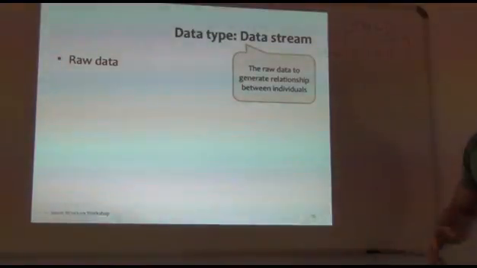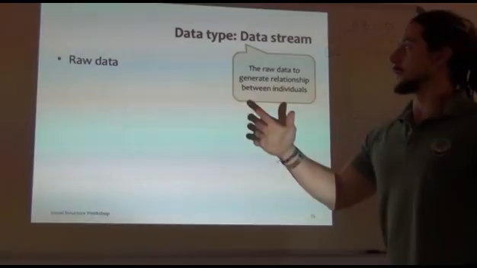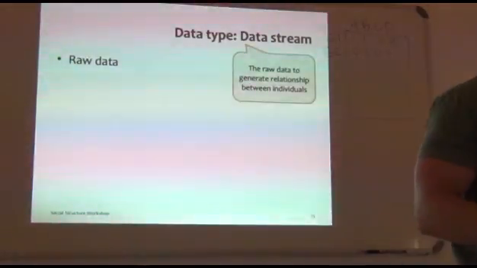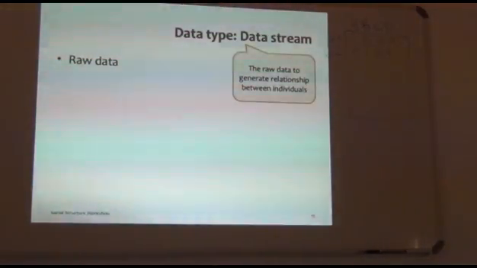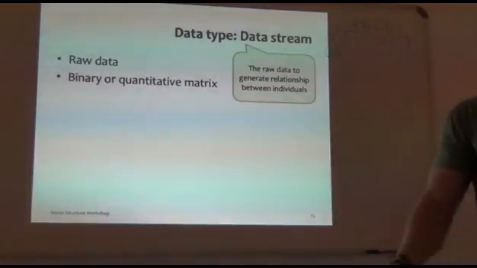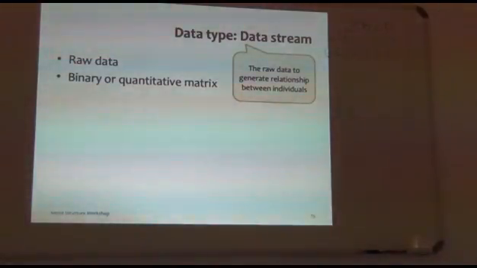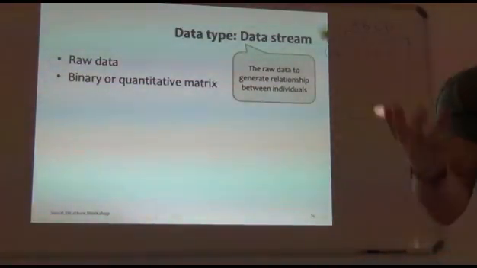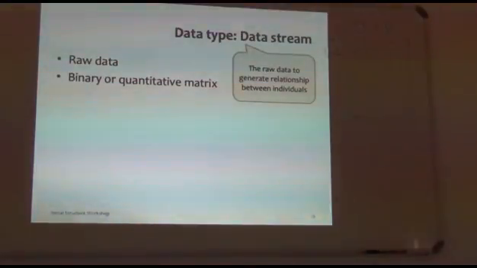So usually it is our raw data, and usually it's better to randomize the data you collect instead of the relationships. But anyway, we are working on either a binary matrix, or if you're dealing with interactions, it might be a quantitative matrix as well. If you have a number of touches or events that they do, fightings or whatever it is, you can use quantitative.